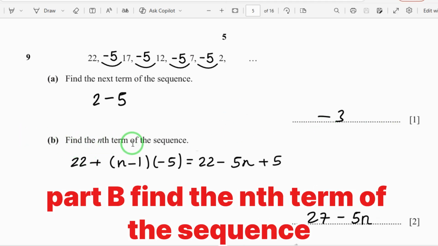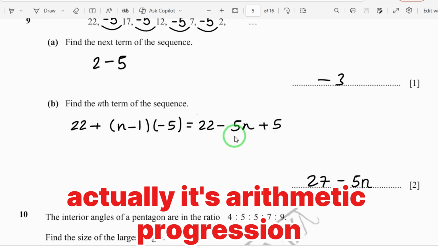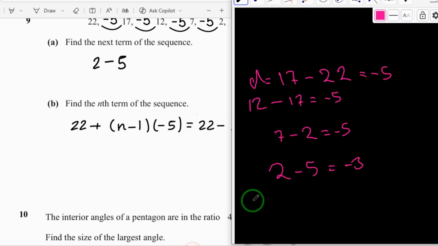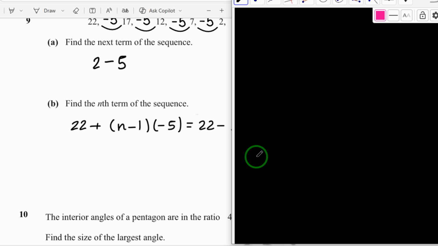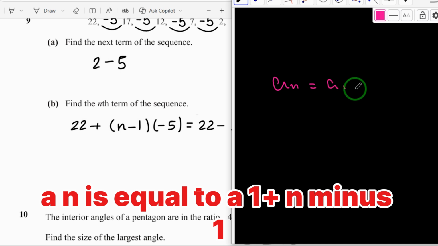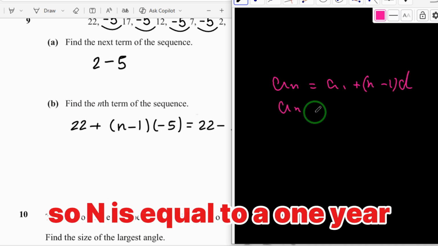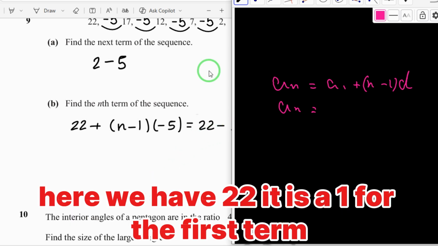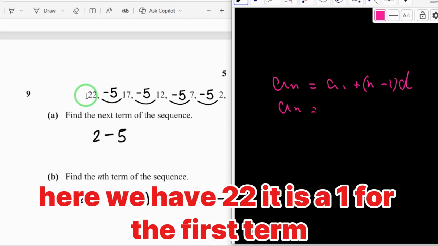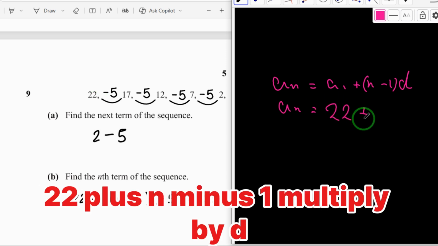Part B. Find the nth term of the sequence. Actually it's an arithmetic progression. We have the formula like this. This is the formula: an is equal to a1 plus n minus 1 multiplied by d, or difference. Here we have 22 for the first term, a1, plus n minus 1 multiplied by d.